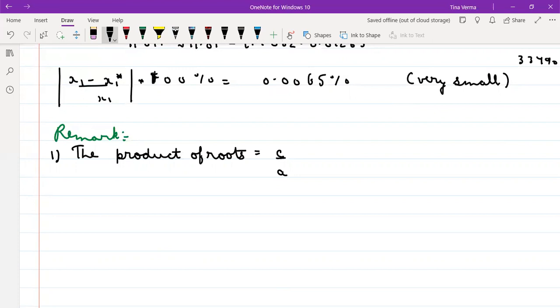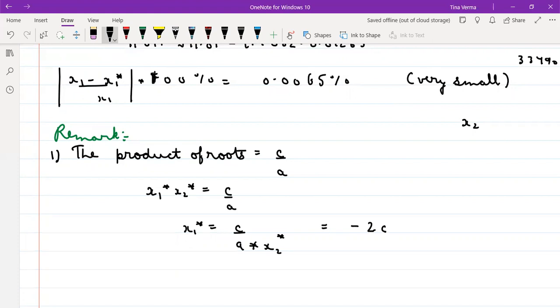Because your x2 root has very little error, you can also use that. So x1 star is equal to c by a into your x2 star, right? If you evaluate this, even then you will get the same.